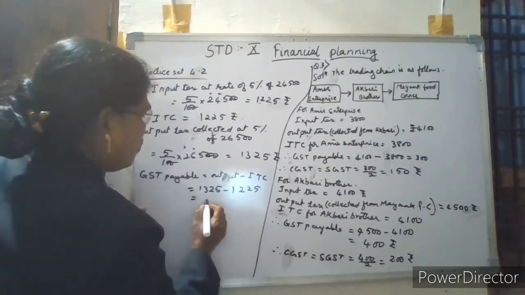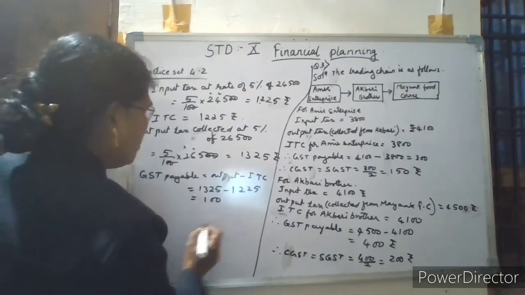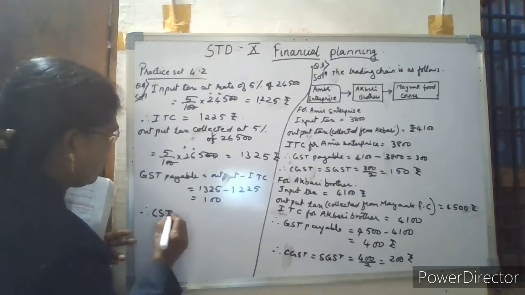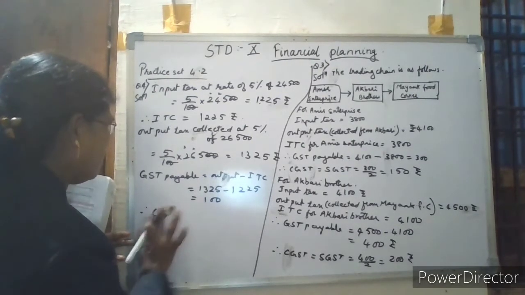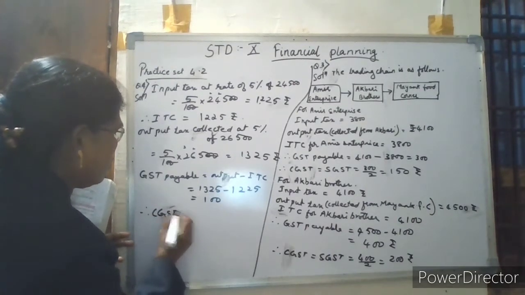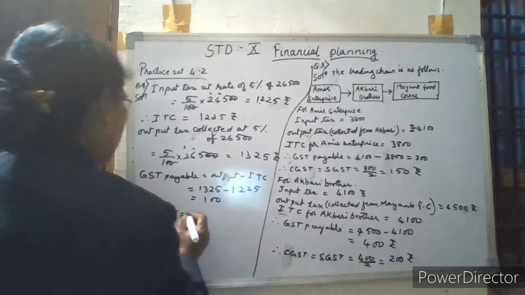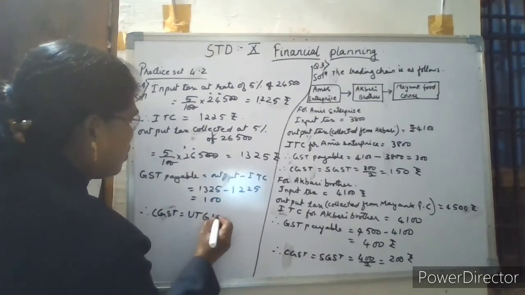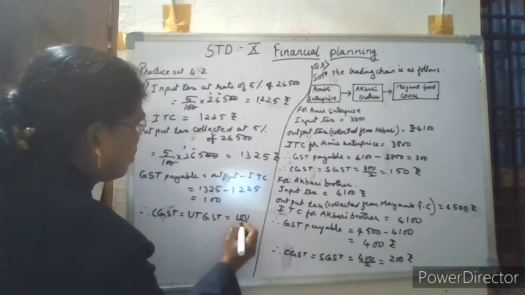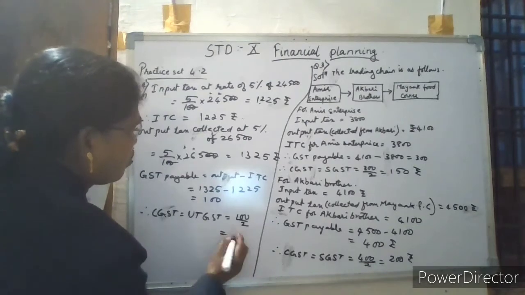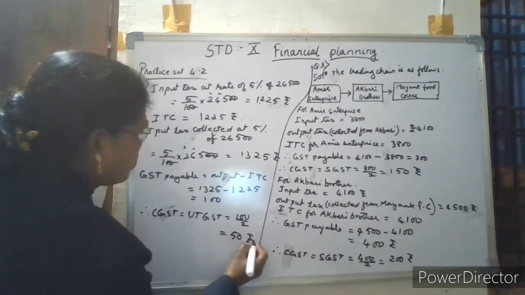We subtract and we get only 100 rupees. Therefore, CGST is equal to UTGST, that is 100 divided by 2, equal to 50 rupees each.